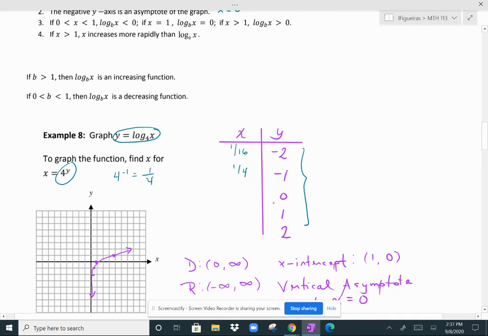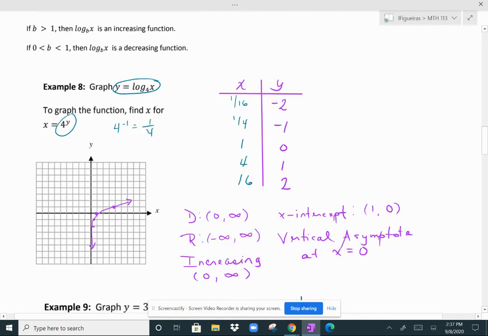When y is 0, anything to the 0 power is 1. When y is 1, 4 to the first power is 4. And when y is 2, 4 squared is 16. So notice that your x's grow much faster than your y's.